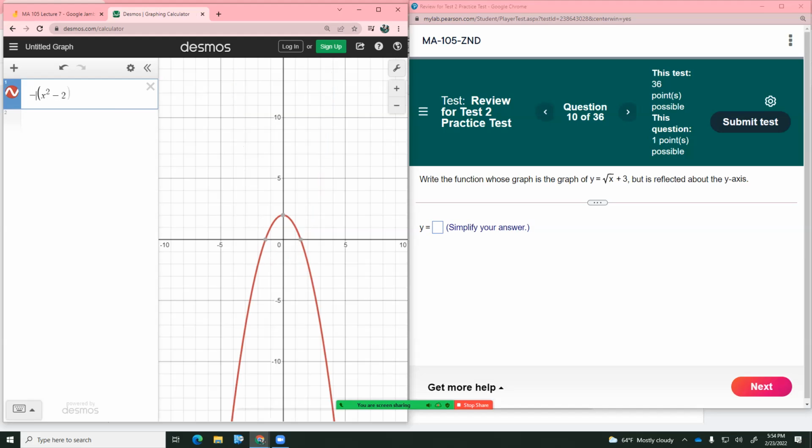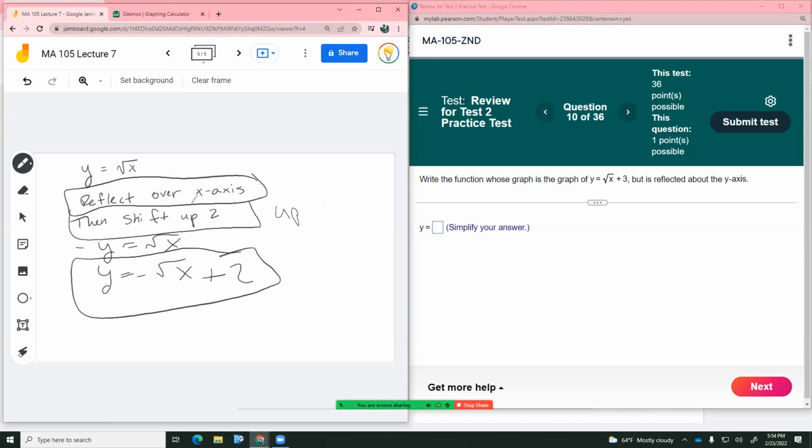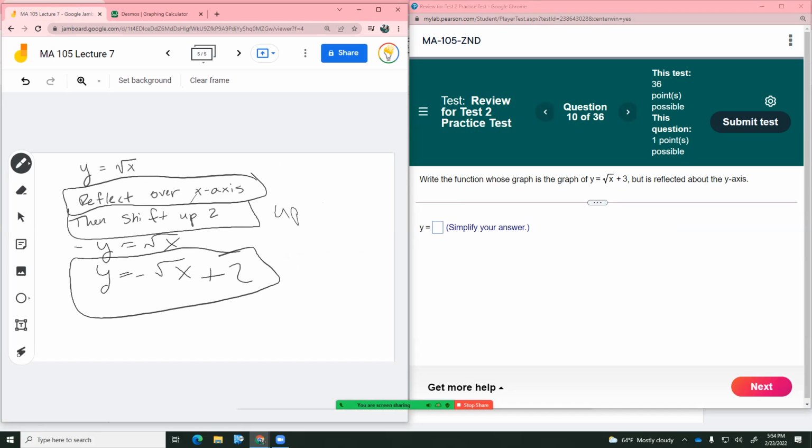Y'all see that reflection, versus just reflecting the first part. Y'all see 2 very different situations. Okay, so just be careful about that. Make sure you do it in order. All right.